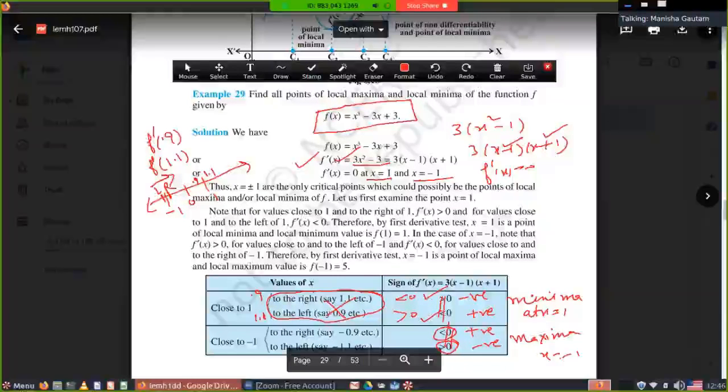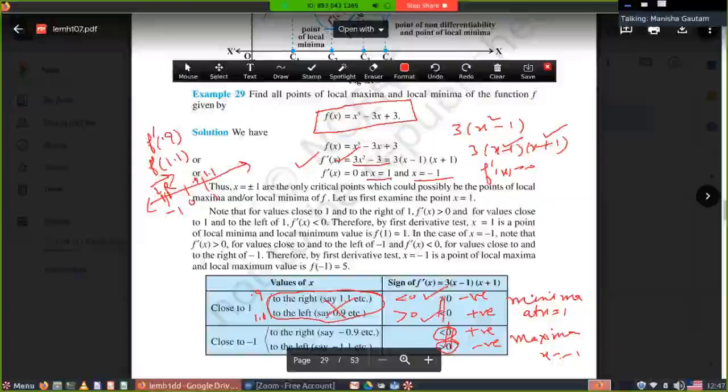Now you can check it. Make the table according to the definition. First put the left value, then right, and check from left to right the sign of the statement, whether you are getting negative to positive or positive to negative. If positive to negative, then maxima. If negative to positive, then it is showing minima at that point. And what is the maximum value and minimum value?